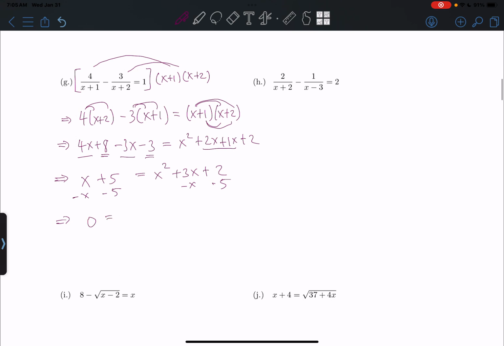I'll get 0 equals x squared plus 2x minus 3. And again, this is a pretty easy thing to factor, so let's go ahead and do that. Set that equal to 0.